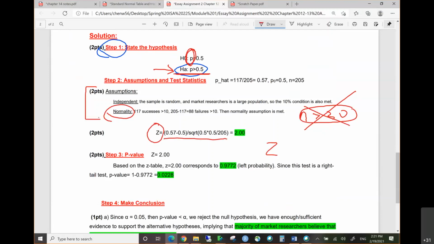So we have the z-test statistics equals p hat minus p0 over square root of p0 q0 over sample size n. Right? When you calculate this z-test statistics, there are several things to be careful.